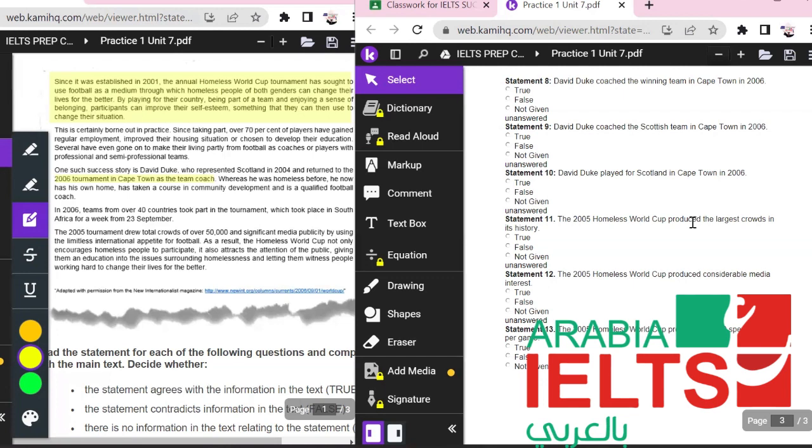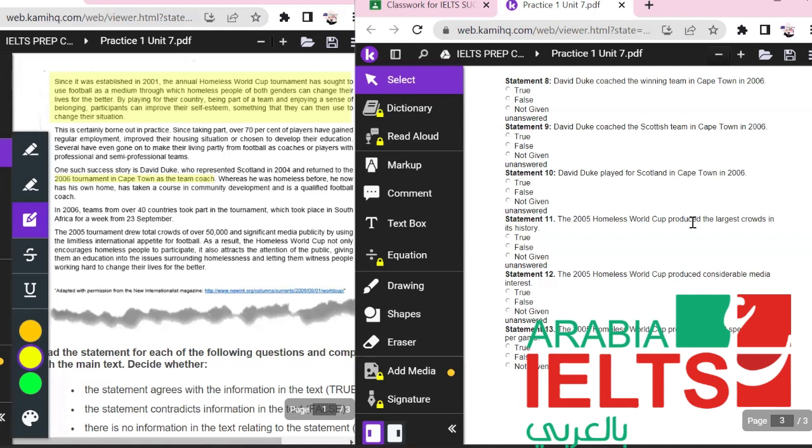That's the main difference. Yes, it's confusing, but once you practice, you will understand the type of sentences that they try to trick you with as not given and the type of sentences that they try to trick you with as false. Just compare it to your paragraph and think about the information that you have and the information in the paragraph.